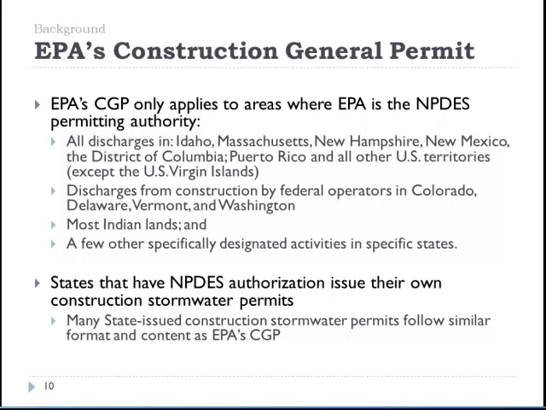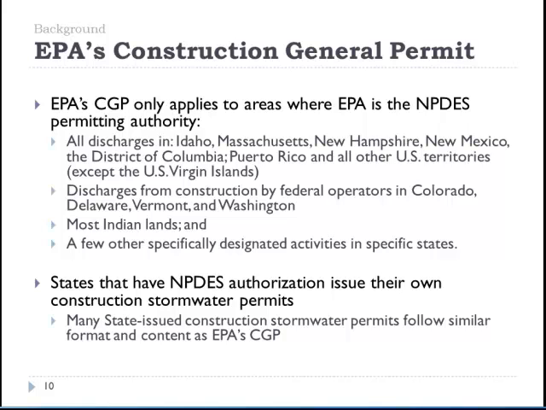only applies to those areas of the country that do not have NPDES permitting authority. And we've listed these here, but they include Idaho, Massachusetts, New Hampshire, New Mexico, DC, Puerto Rico, and all other U.S. territories. It also includes most Indian lands as well.